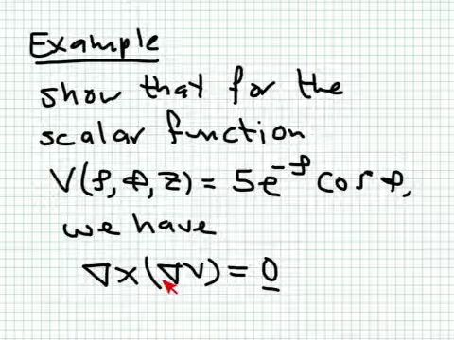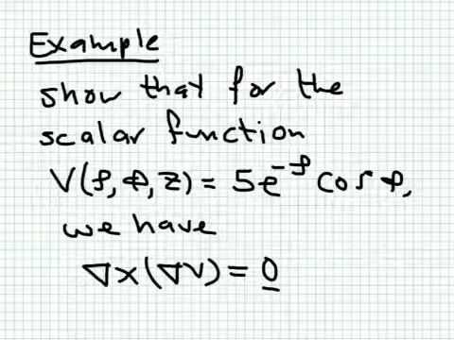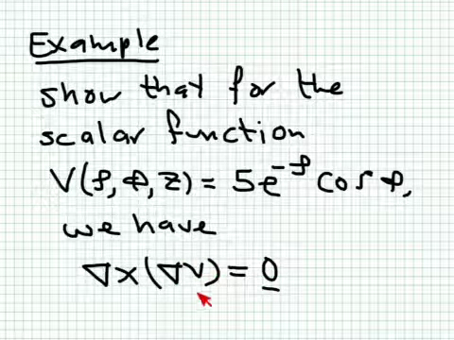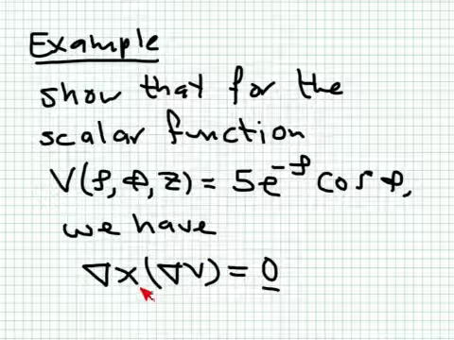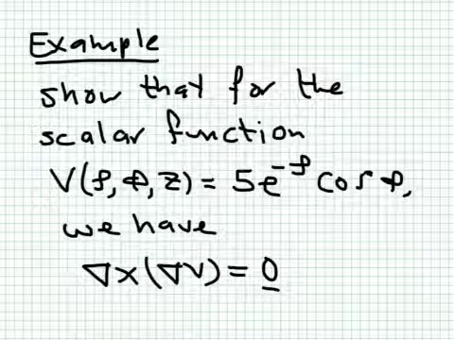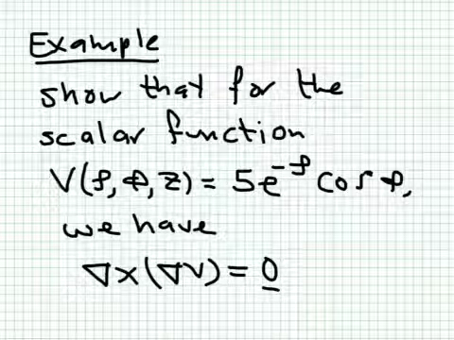I just picked this one for you. So what you have to do is very simple. First, obtain its gradient, and once you obtain its gradient in cylindrical coordinates, you apply the curl operator to it, and you show me that indeed it does cancel out. Remember, this one here is a function of ρ and φ, not a function of z.